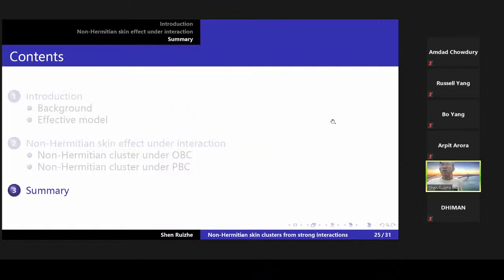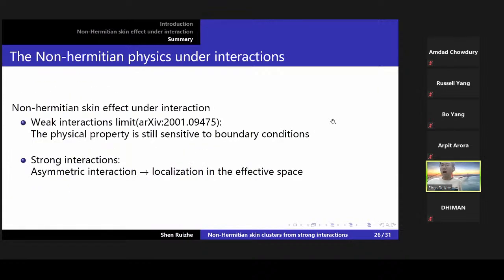So we extend how the non-Hermitian skin effect works under the interactions. However, there are some works that talk about the non-Hermitian skin effect under weak interactions, where they found that the property of the model will be sensitive to the boundary, but I think it's not a direct approach.